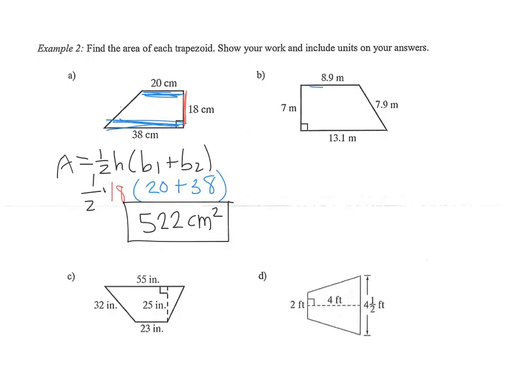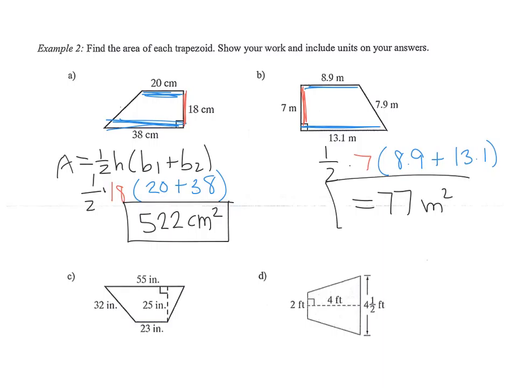So again, the next one, the bases are my two segments that are parallel. So it's 8.9 plus 13.1. My height goes in between, and then it's 1/2. So it's 1/2 times 7 times this. So this equates to 77 meters squared.